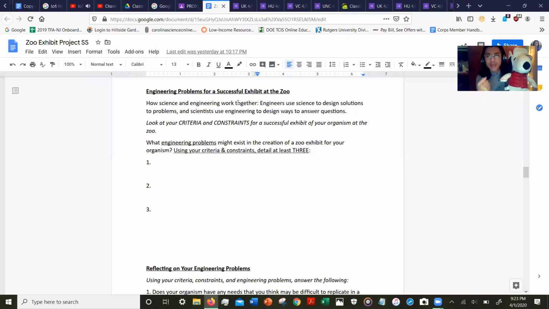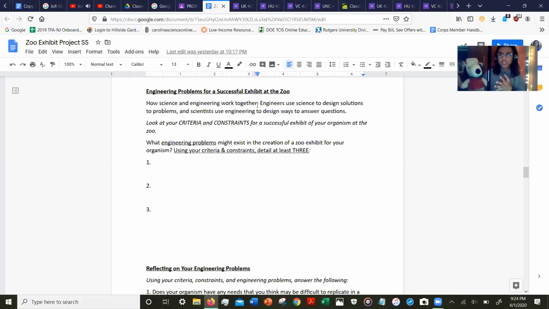But let's bring it back down to our zoo exhibit project and look at the criteria and constraints for a successful exhibit of your organism at the zoo. The main thinking question here is what engineering problems might exist in the creation of a zoo that exhibits our organism. So for my example, I had the Chihuahua as my organism, and let's say Snoopy here is that Chihuahua.